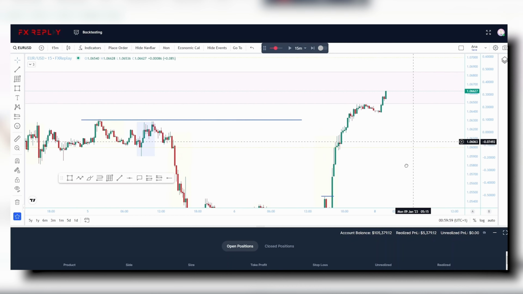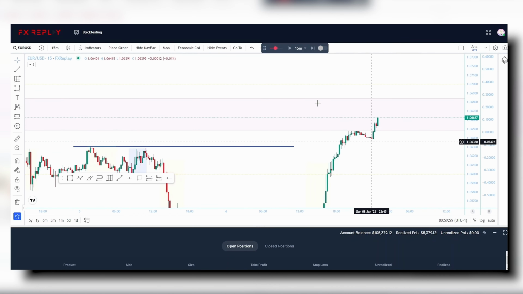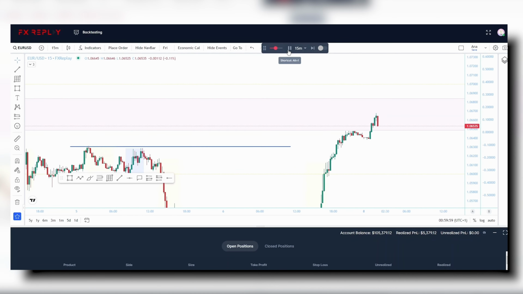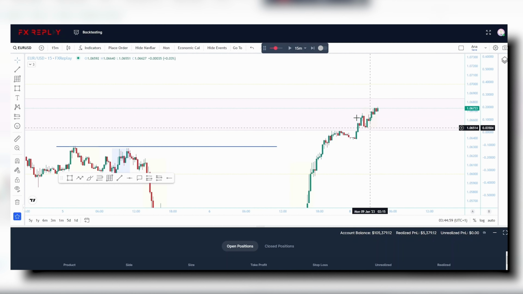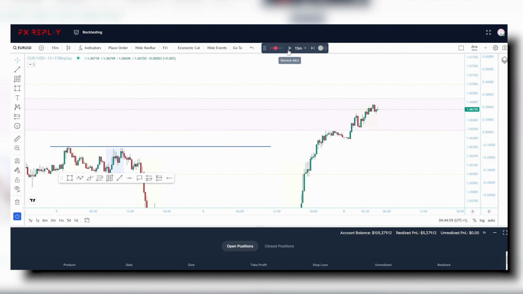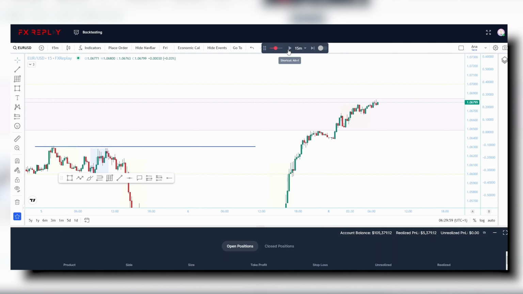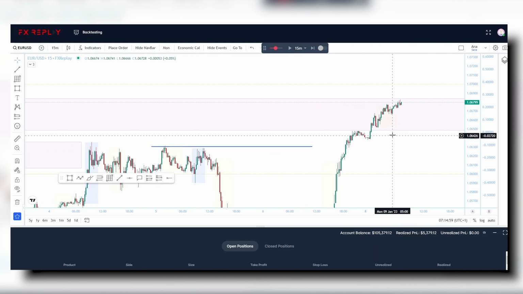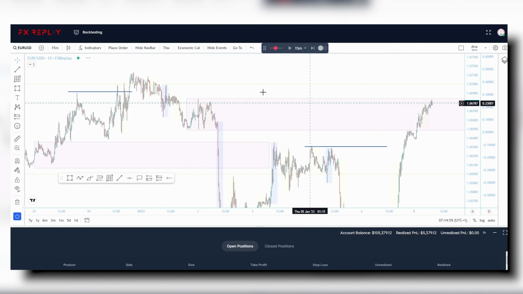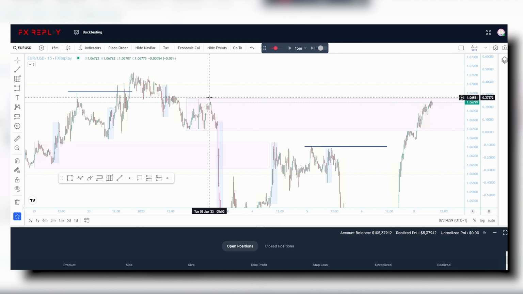Price is continuing on the upside, and price is overextended. So in such cases, I just don't enter. Okay, we created a higher high. We're creating higher highs and higher lows. Price is going for this liquidity as well.